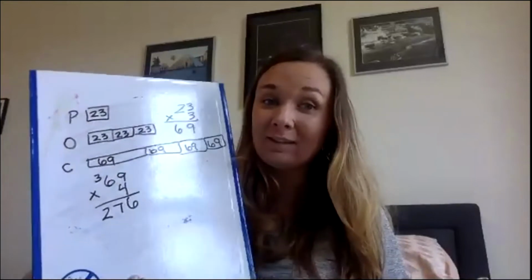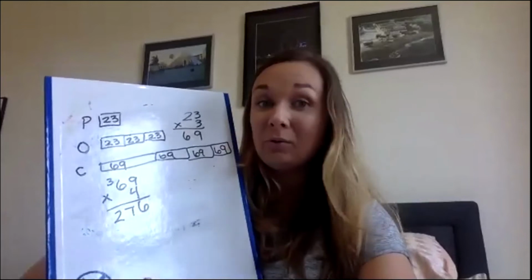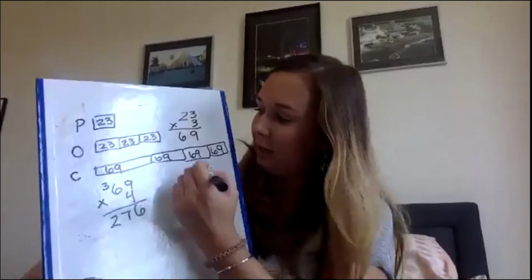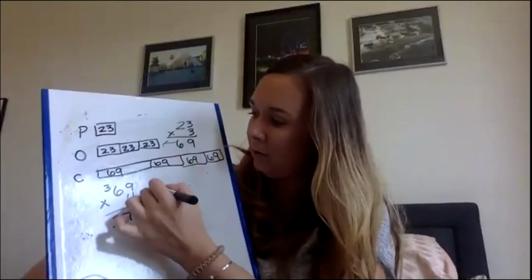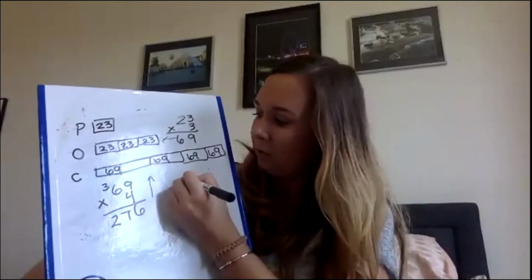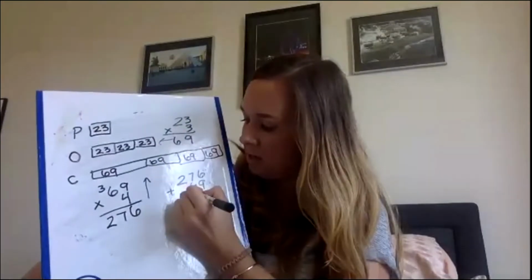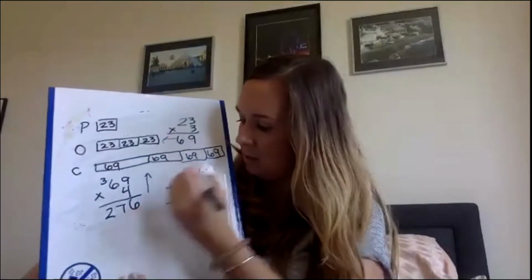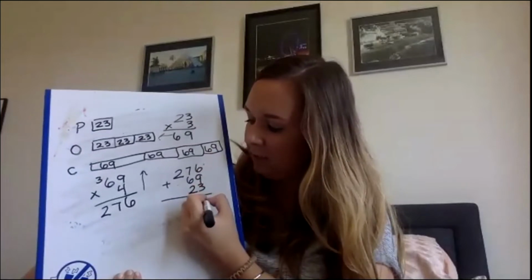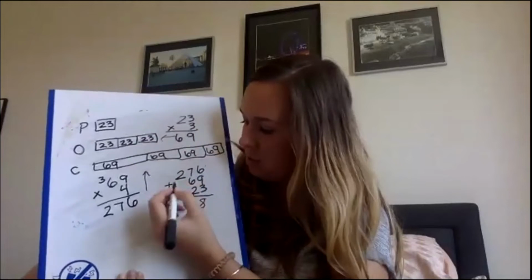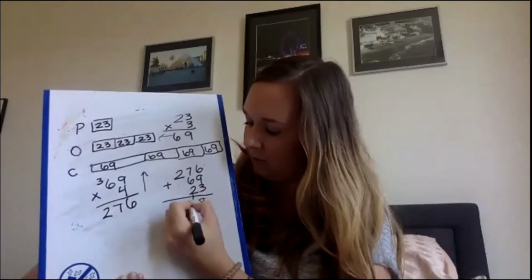But the question asks, how many total acres of potatoes, oats, and corn did Tyler plant? So now I need to add up my potato amount, my oats amount, and my corn amount. So I'm going to do 276 plus 69 plus 23. 6 plus 9 is 15, 16, 17, 18, carry the 1. 6 plus 7 is 13, 14, 15, 16.